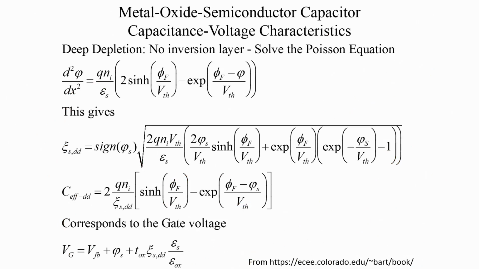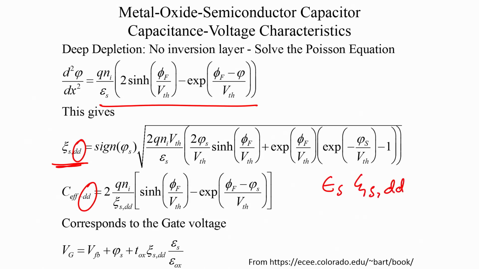For deep depletion, we solve this Poisson's equation, which does not take into account the inversion layer, and this will give you a different electric field. I put a subscript of deep depletion there, and that in turn will give you a different capacitance value. The deep depletion capacitance is epsilon s, d of the deep depletion electric field by d phi s.